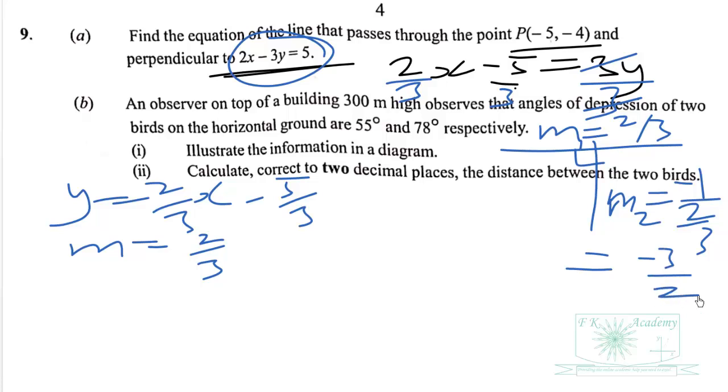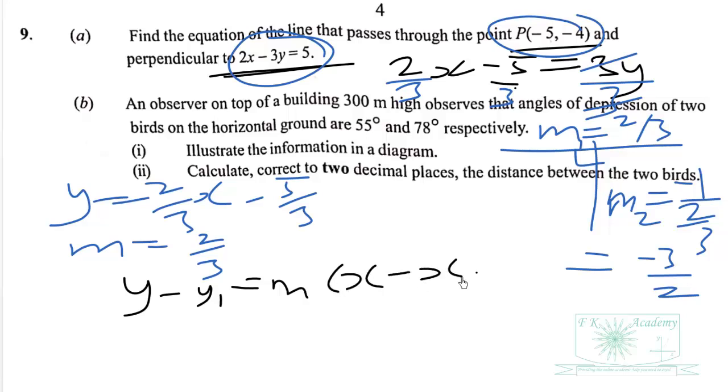So we got our point, (-5, -4), and we want our equation, which is given by y minus y1 is equal to m into bracket x minus x1, where our x1 is -5 and our y1 is -4.